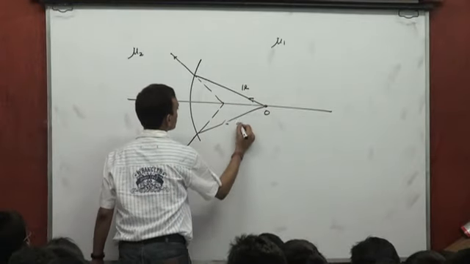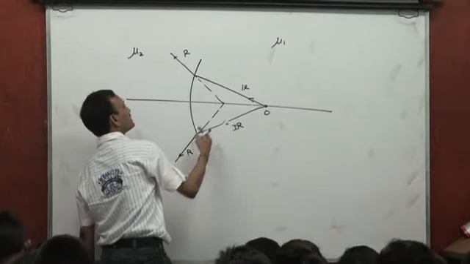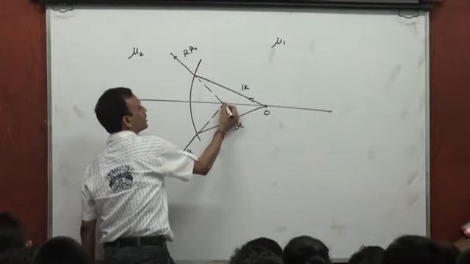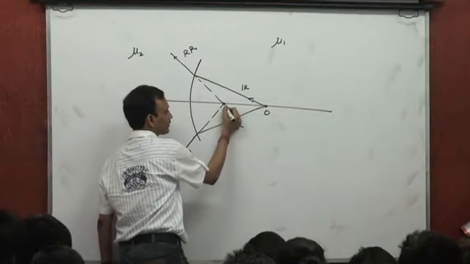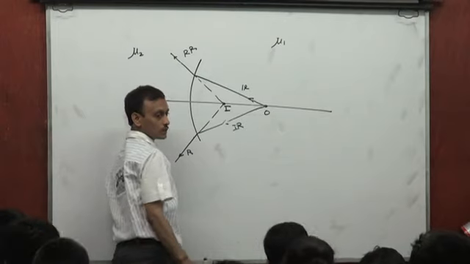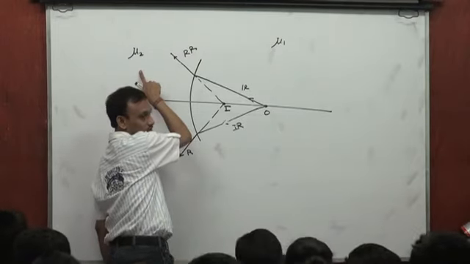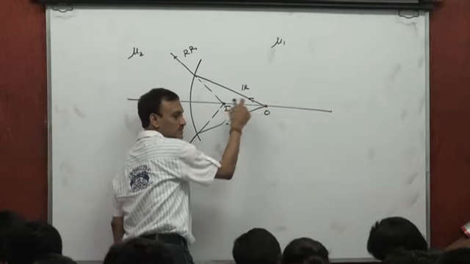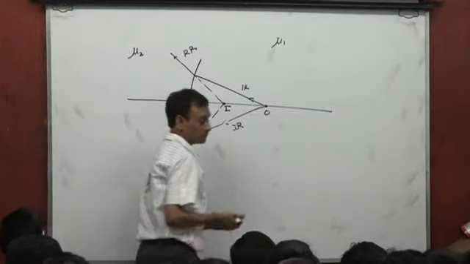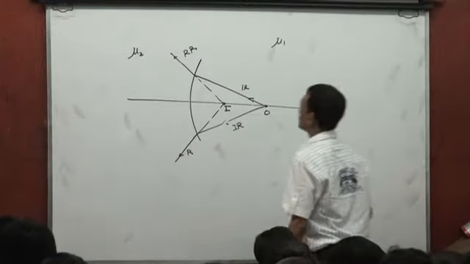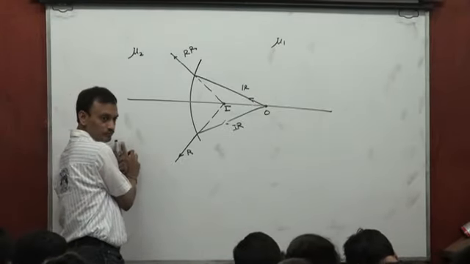These are the two incident rays, and these are the two refracted rays. Realize that after refraction, they appear to be coming from I. So what kind of an image is I? Virtual image. Does it lie in the image space? This is the image space. In this case, the object lies in the object space, and the image lies in the object space. So the image is not lying in the image space.